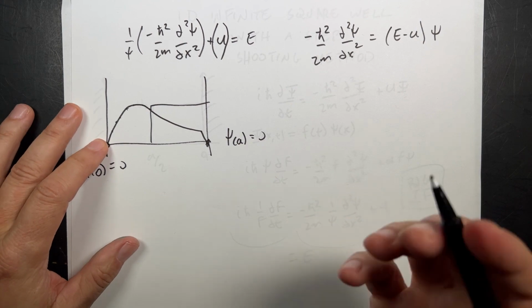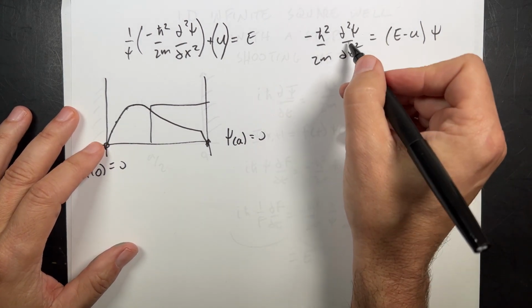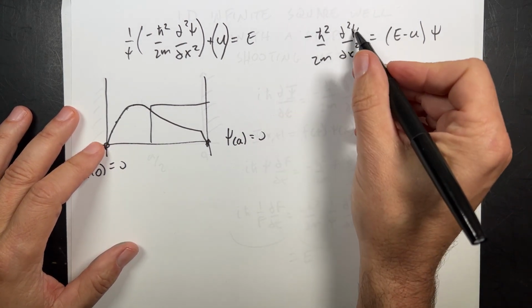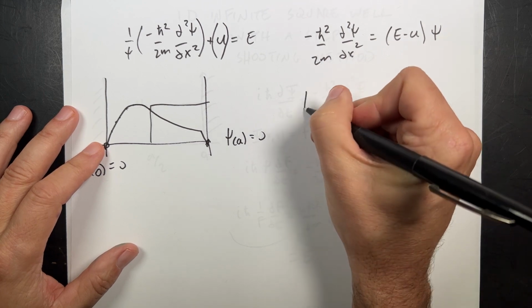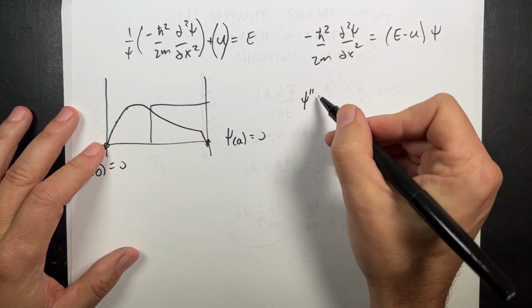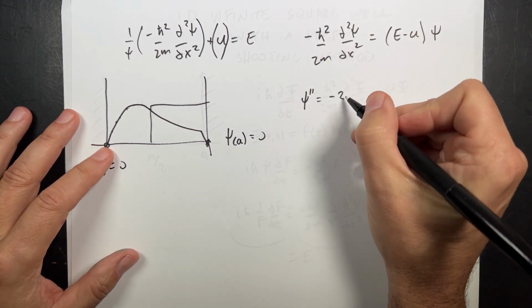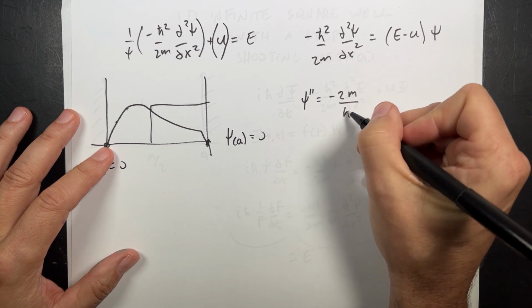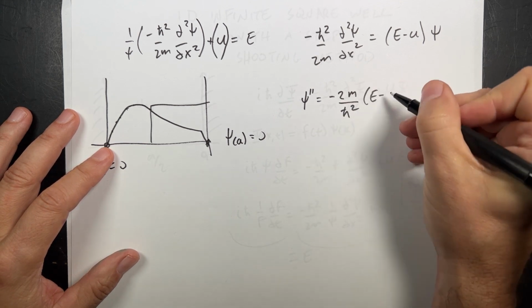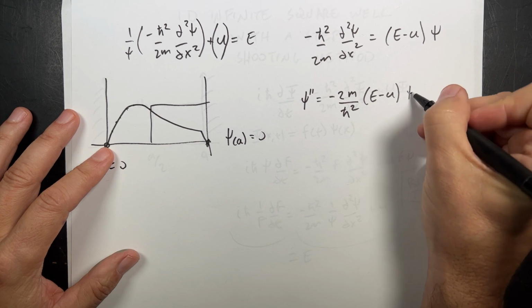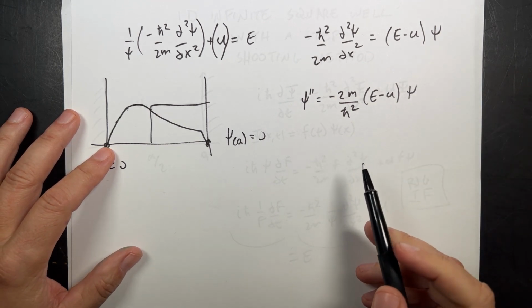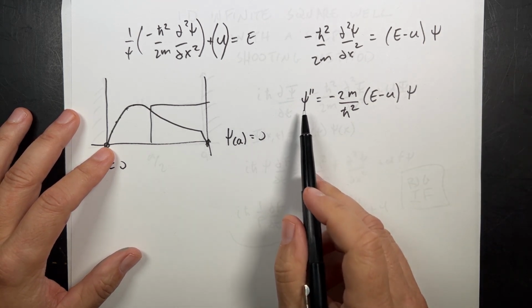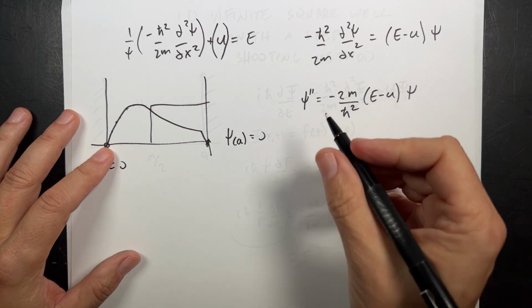So how do we do that? Well, the first thing we do is solve this for psi double prime, the second derivative. It's going to be equal to negative 2m over h bar squared, E minus U, psi. And then I can use this to update psi prime.